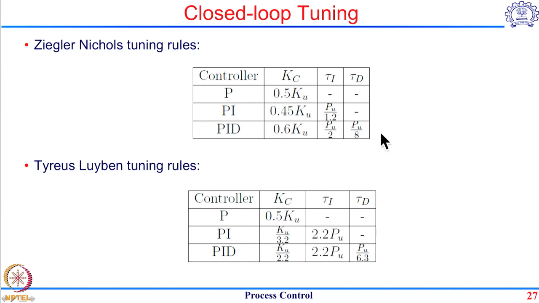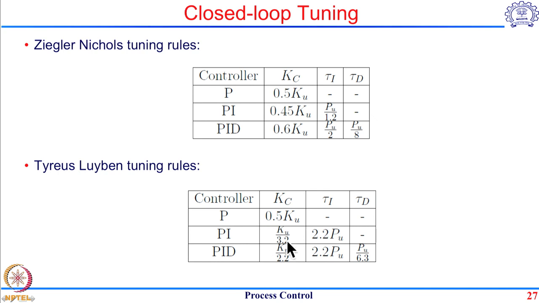Now, what people realized by using Ziegler-Nichols tuning rules was that the response tends to be very oscillatory, with a very small value of damping coefficient. If you do not want large oscillations in your system, then Tyreus and Luyben detuned these controllers to make the response a little slower than the Ziegler-Nichols rule, but less oscillatory.